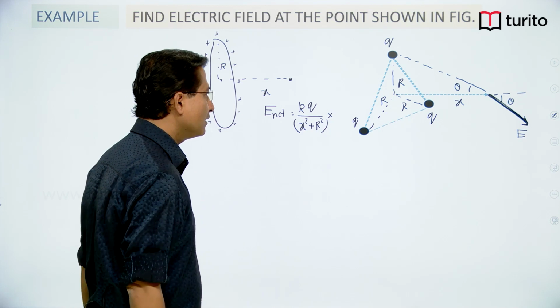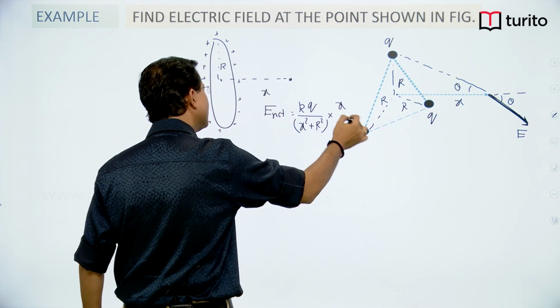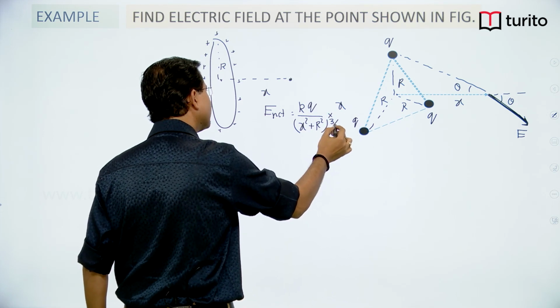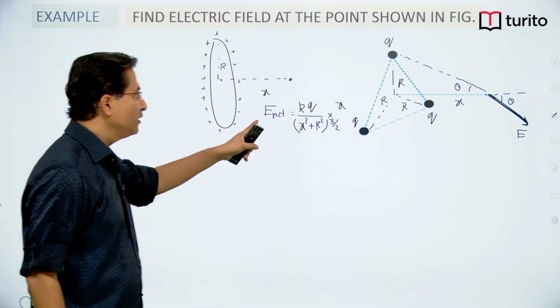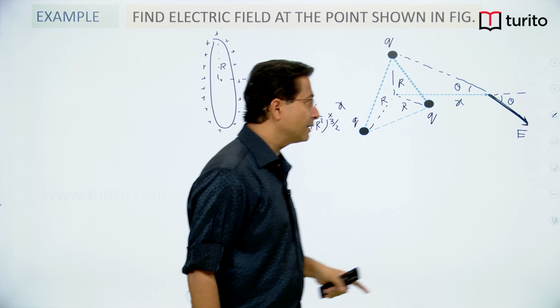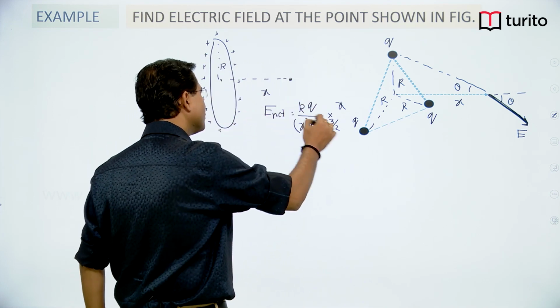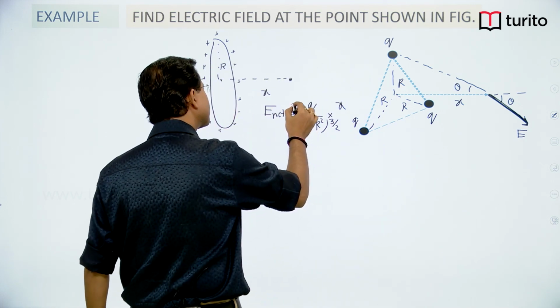Cos theta is what? Base upon hypotenuse, x divided by under root x square plus r square, I am writing directly to the power 3 by 2. So this is the component of field produced by 1 in this direction, and all 3 will produce the same component here. What I need to do is multiply this whole expression by 3.